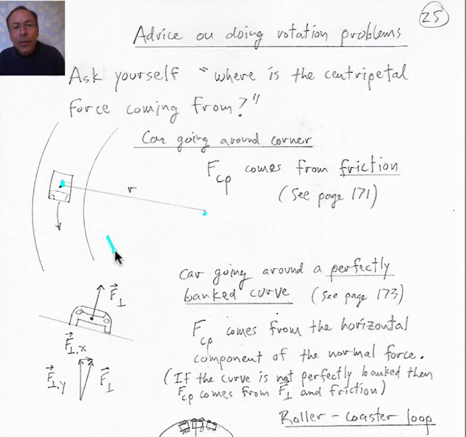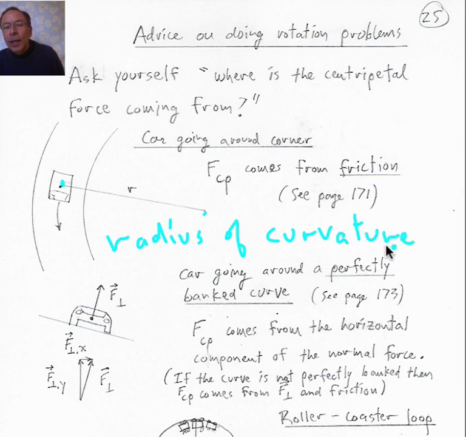It's called the radius of curvature. So if you see this term come up, radius of curvature, that's what it means. It means the distance from the center of the curve out to where the vehicle is going.